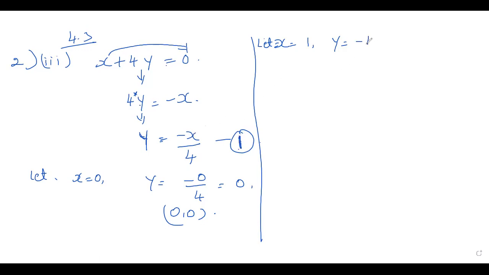X place, when you put 1, minus 1 by 4 comes, right? The points are 1 and minus 1 by 4.